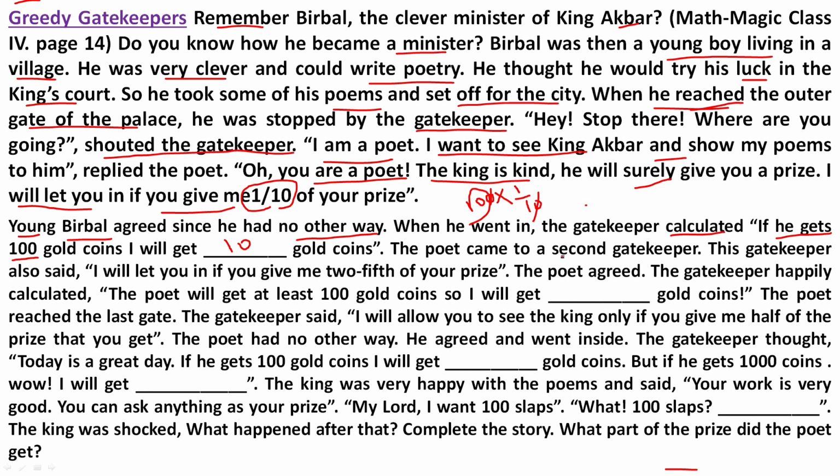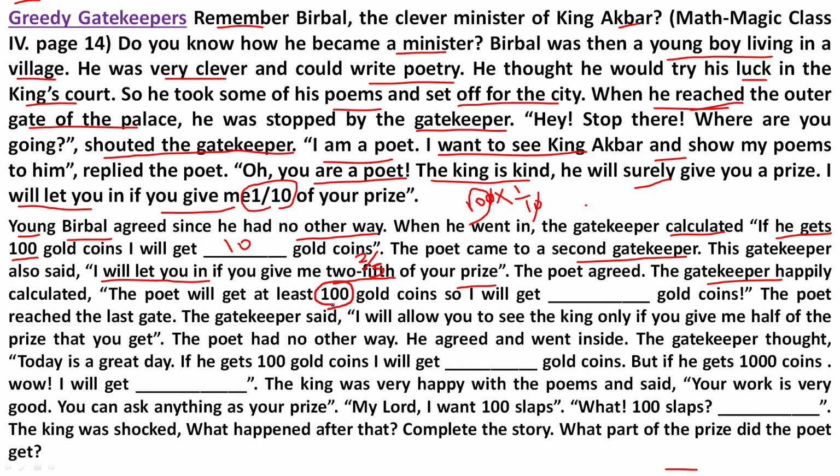The poet came to the second gatekeeper. He also demanded, I will let you in if you give me 2/5 of the prize. The gatekeeper happily calculated the poet will get at least 100 coins.